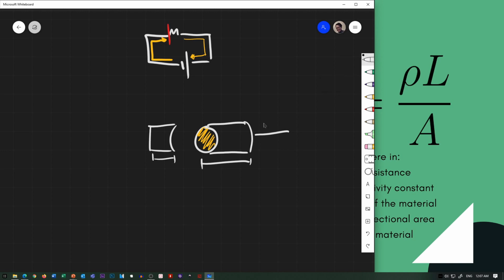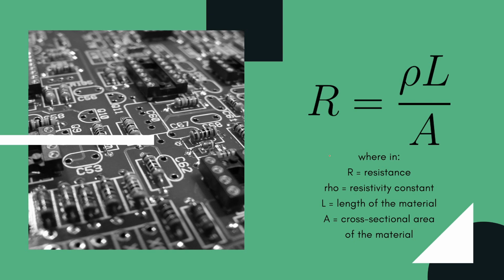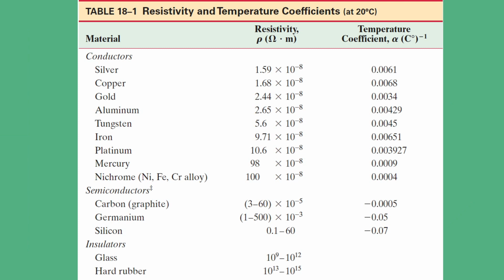Then of course the material itself is the resistivity constant. So try to remember that we're going to utilize this equation later on. Here are the constants. We're going to return to them. What's important here is the resistivity constant, so don't mind the temperature coefficient.